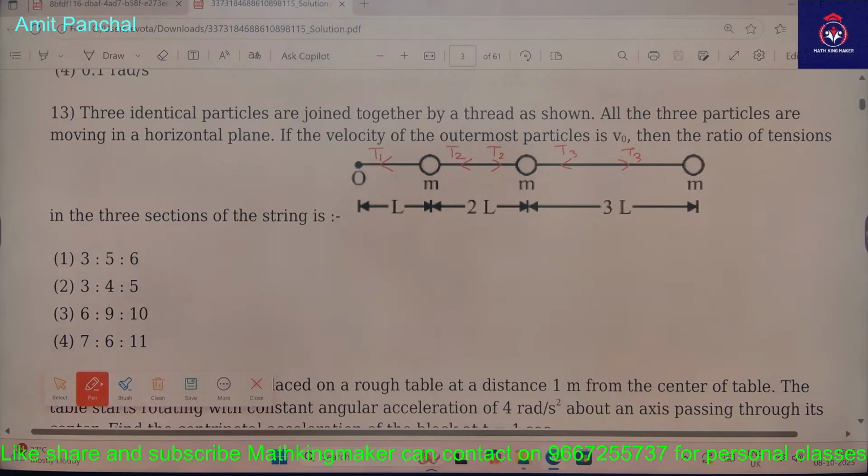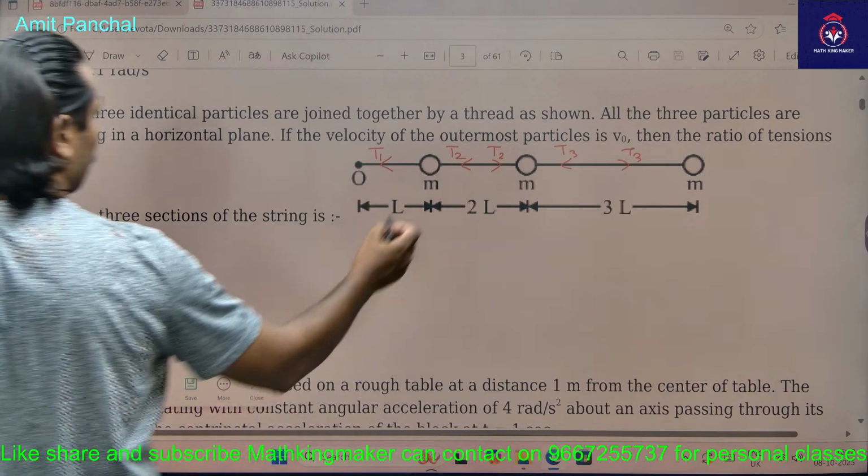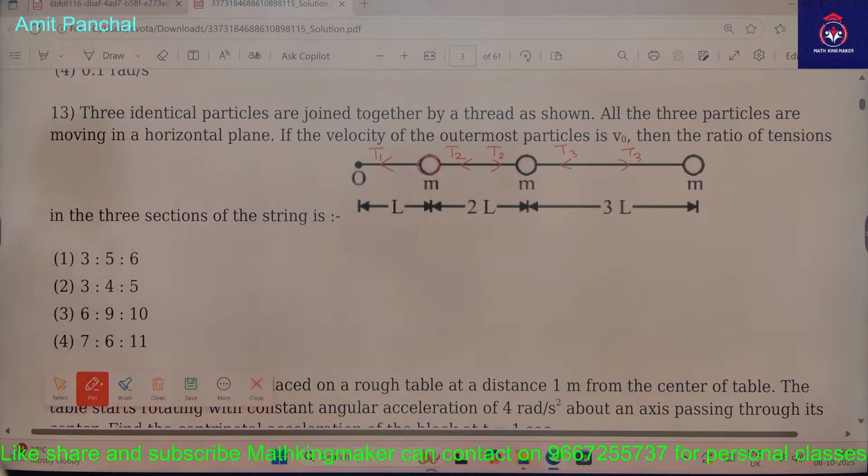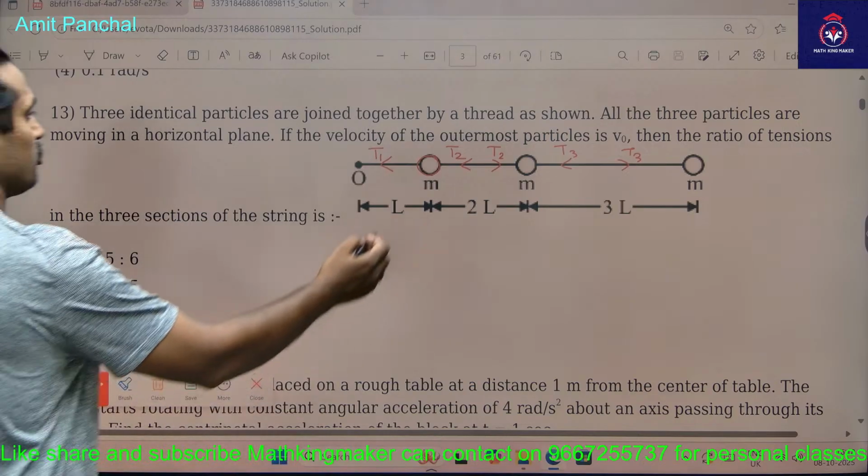See, this mass will experience what forces? The first one, the inner one.